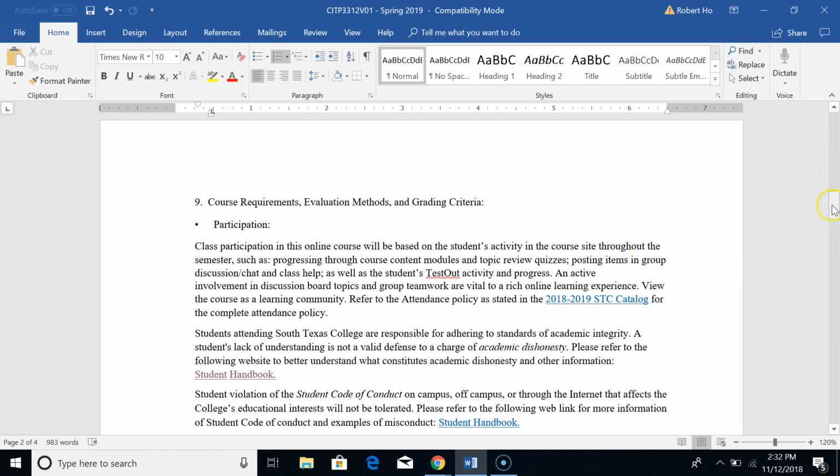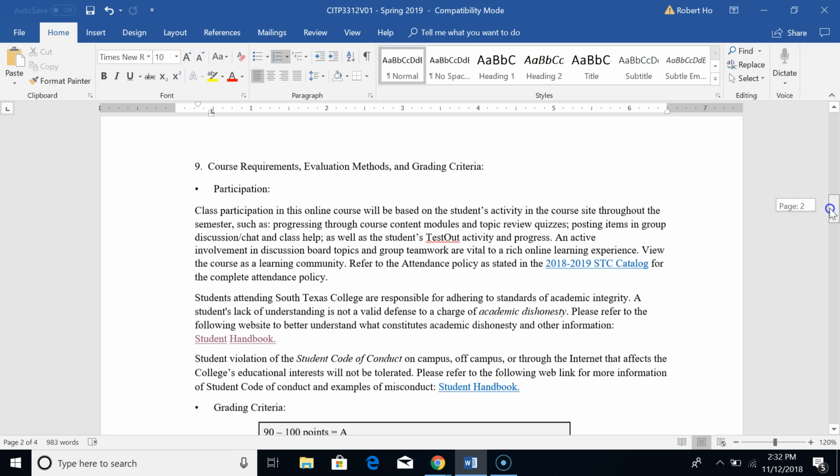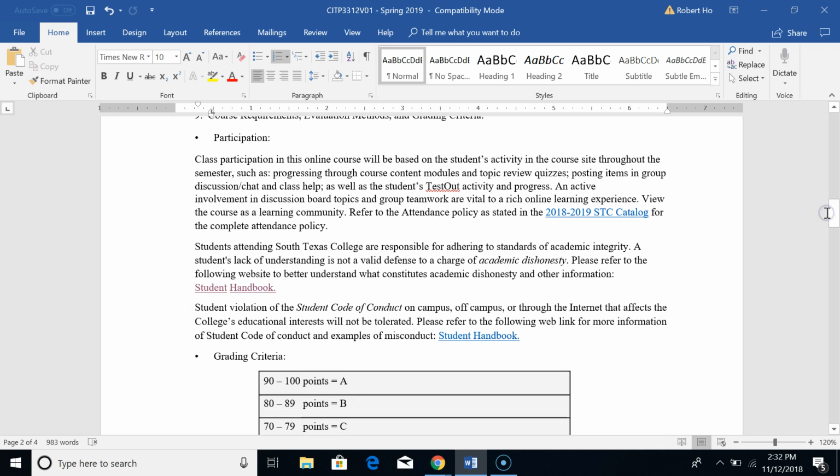Also make sure that students attending South Texas College are responsible for adhering to the standard of academic integrity. A student's lack of understanding is not a valid defense to a charge of academic dishonesty. Please refer to the STC Student Handbook. Also, for student violation of misconduct, make sure you refer to the student handbook as well.